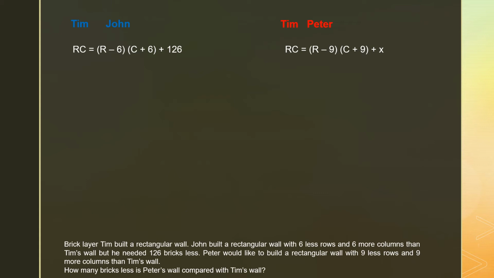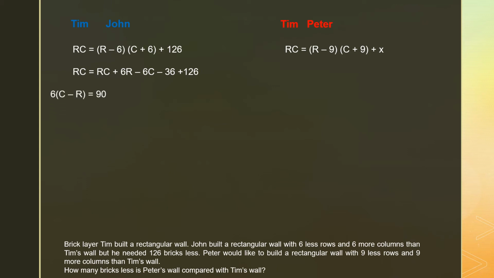And then for Tim and Peter, Tim has R times C number of bricks, and Peter has the bracket of R minus 9 times the bracket of C plus 9, and then plus X. Now let's look at the equation from Tim and John. We remove the brackets, so that would be RC equals RC plus 6R minus 6C minus 36 plus 126.